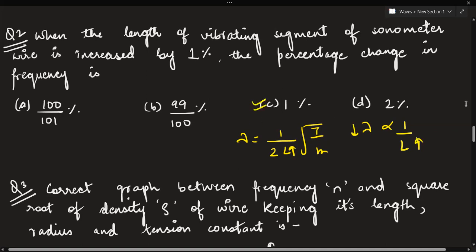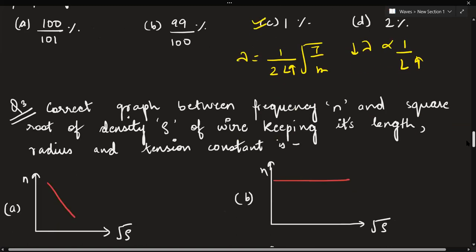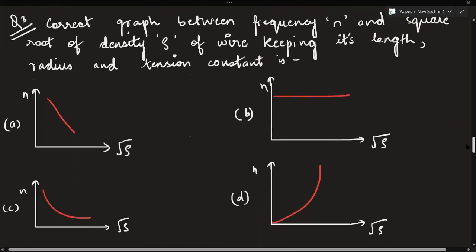Then we have a graphical question which says we have to find the correct graph between frequency and the square root of density of the wire if its length, radius, and tension are kept constant. So what is the relation that we have regarding the frequency? It is 1/2L under root T by M. Now see, do we have density in this relation?